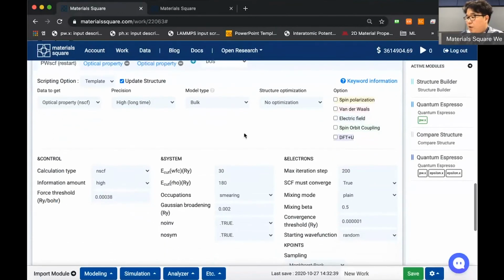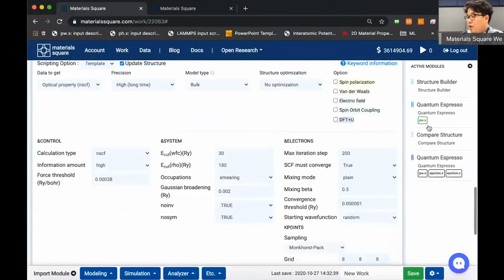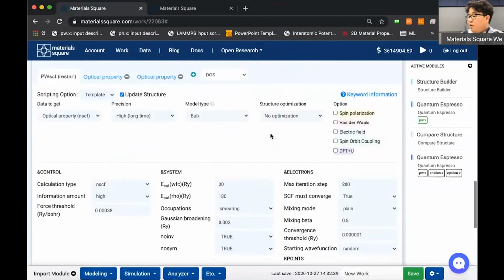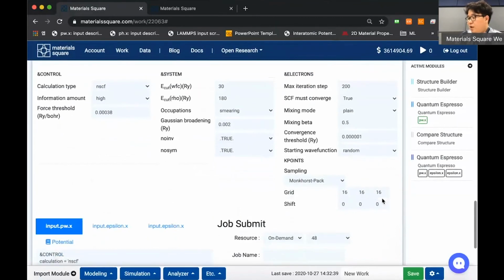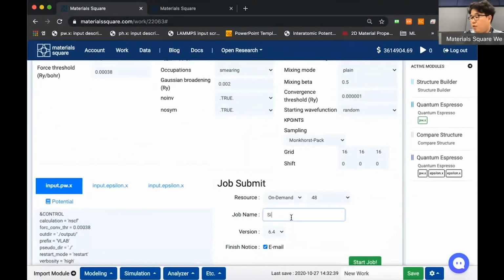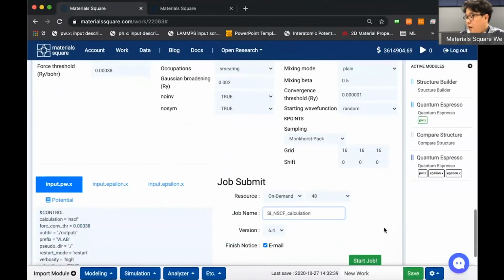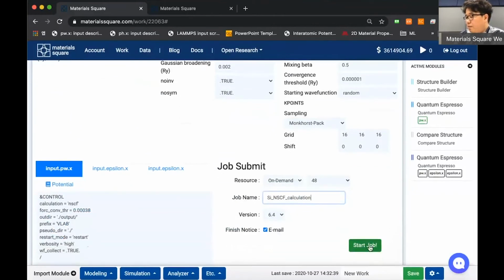Other parameters are all set based on the previous relaxation calculation. So I only change the grid. Okay, 16, 16, and 16. All right, quite simple. And the name is silicon NSCF calculation. Okay, and then start job.